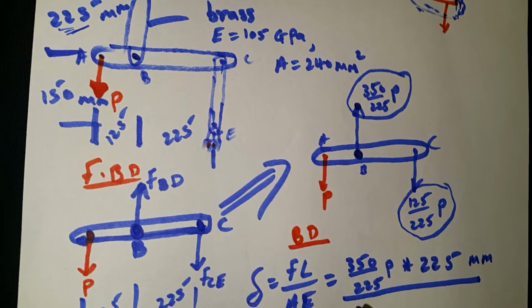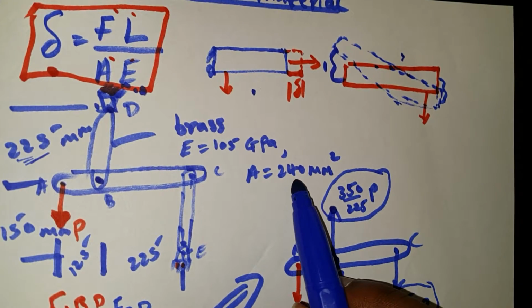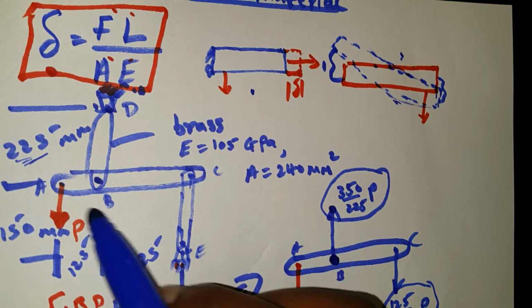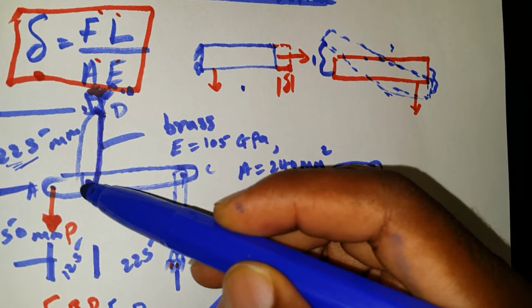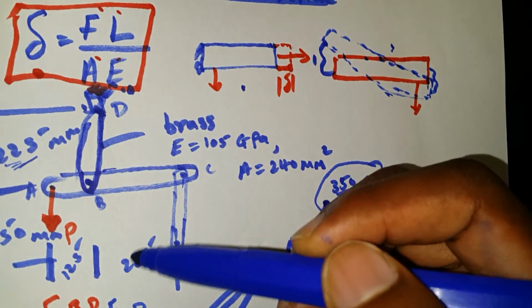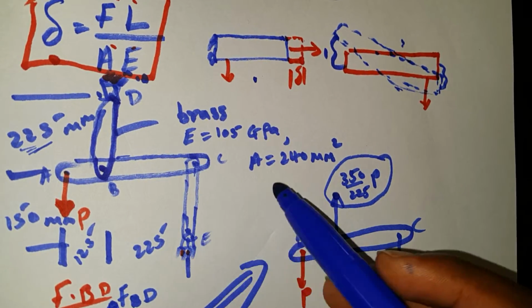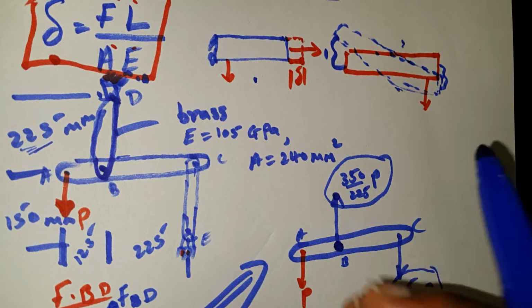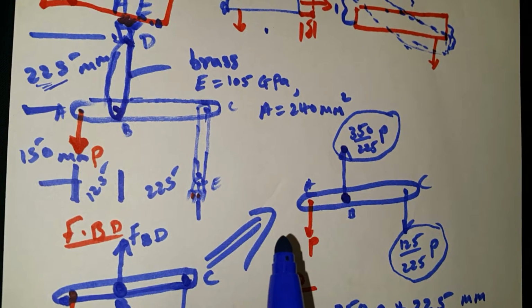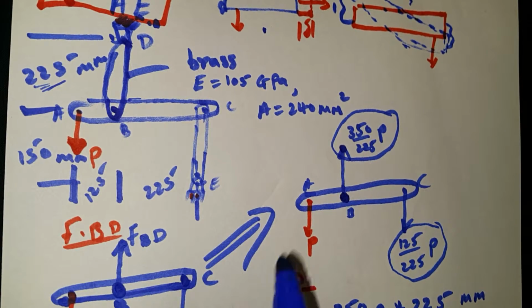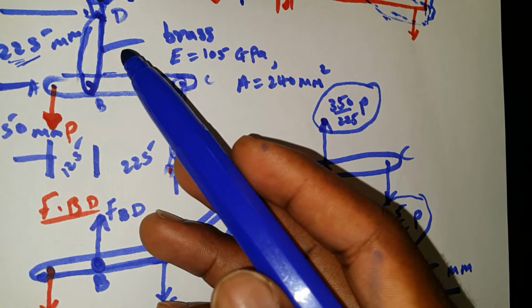Now the area of the brass is given, because this is one member. Sometimes it will be worse if this is brass and this is aluminium. You have to solve it differently, but this is generally just one, so the area of both of them will be the same.